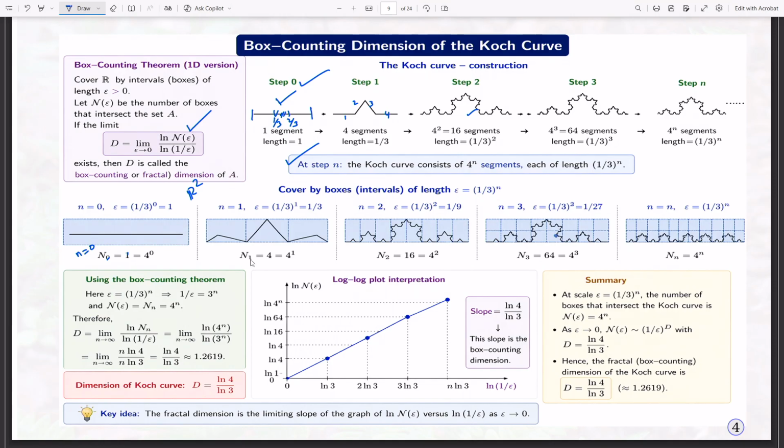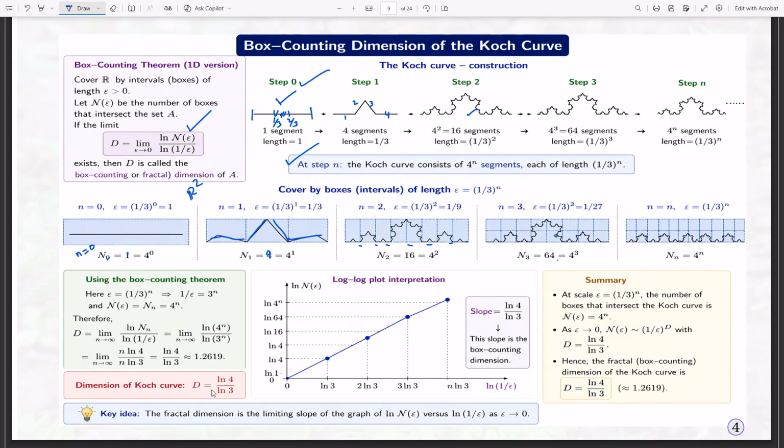Now, if n equal to 1, we have 4 line segments, then epsilon equal to 1 by 3 power 1 equal to 1 by 3. So, we need 4 boxes of side length 1 by 3 to cover it, and if n is 2, then we need 4 power 2, that is 16 boxes of side length 1 by 9 to cover this object, and so on.